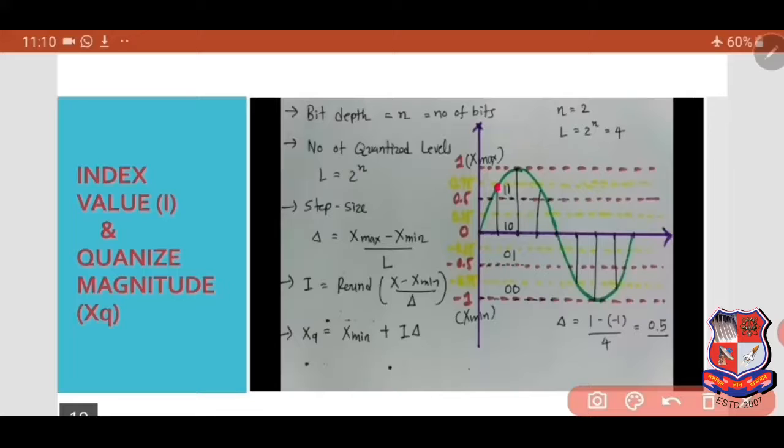We consider it as 0.707 for our understanding. This value of x we put in the equation of the index value I, and then we are able to find the value of index I.